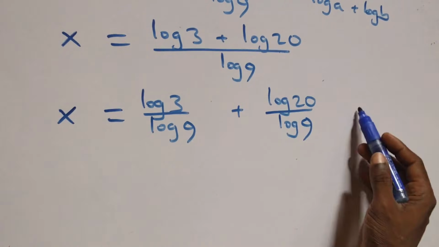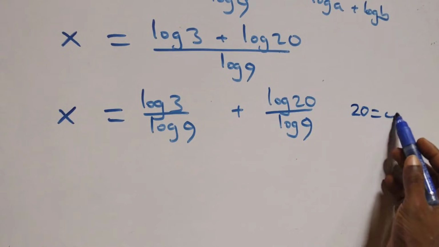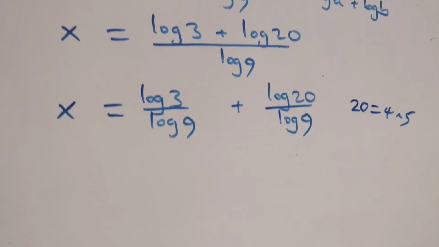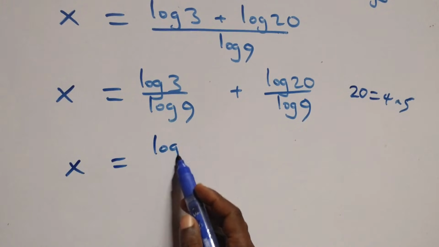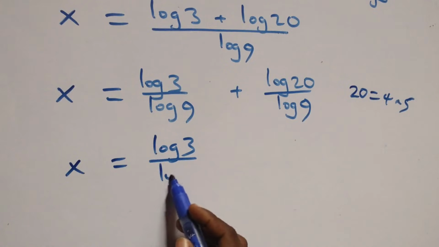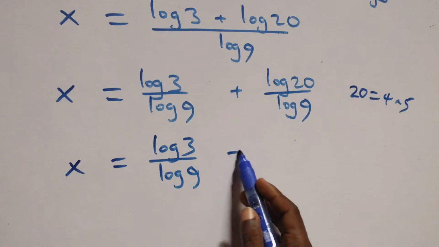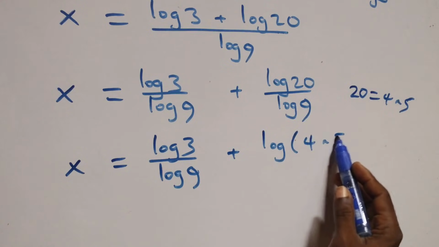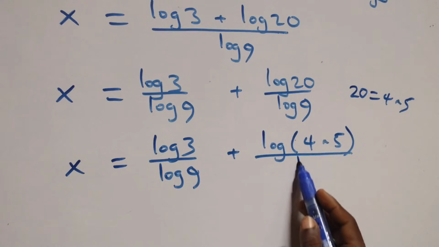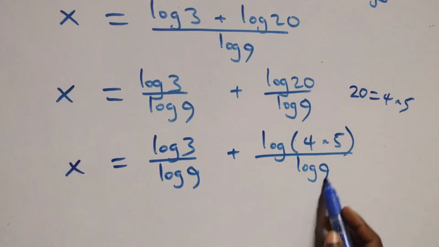Then also, 20 is the same thing as 4 times 5. Then what we have here becomes x equals to log 3 over log 9 plus log of 4 times 5 over log 9.